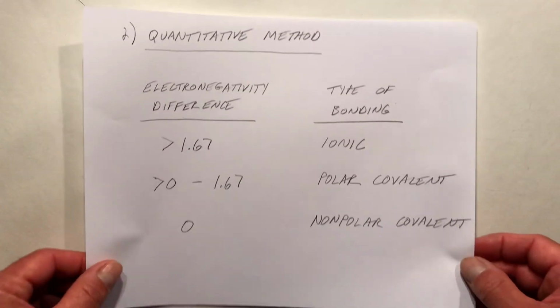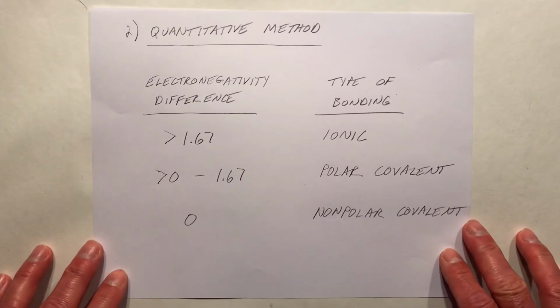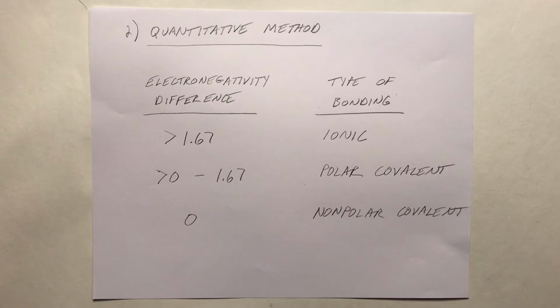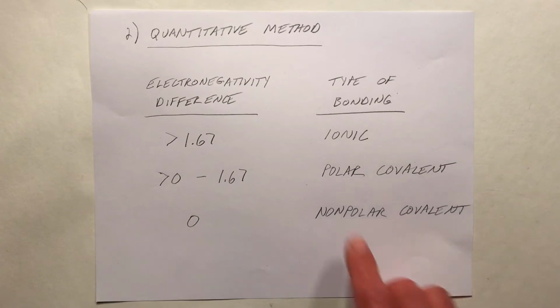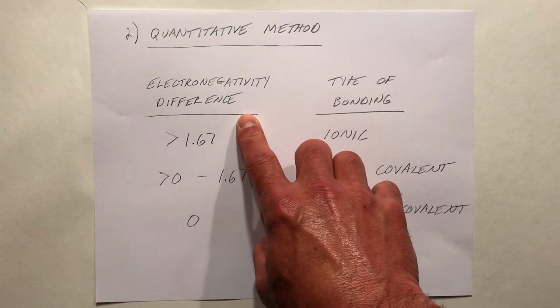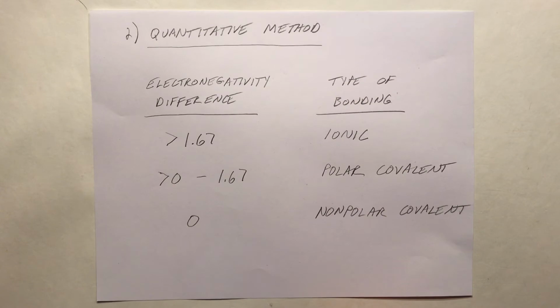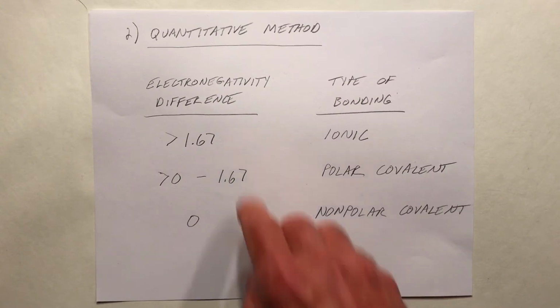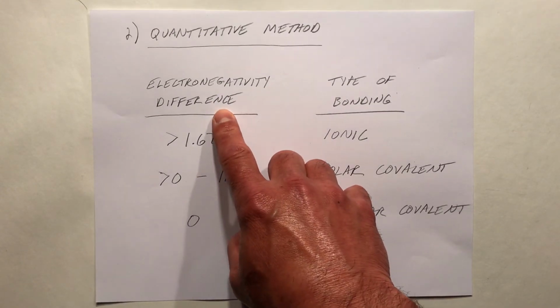Now that's the qualitative method. Let's consider a quantitative method, a method that considers electronegativities with the numbers involved, with the quantities involved. So what we can do is find the electronegativity difference between two elements that might bond to each other. Remember that when you do a difference calculation in math, you have to subtract two numbers.